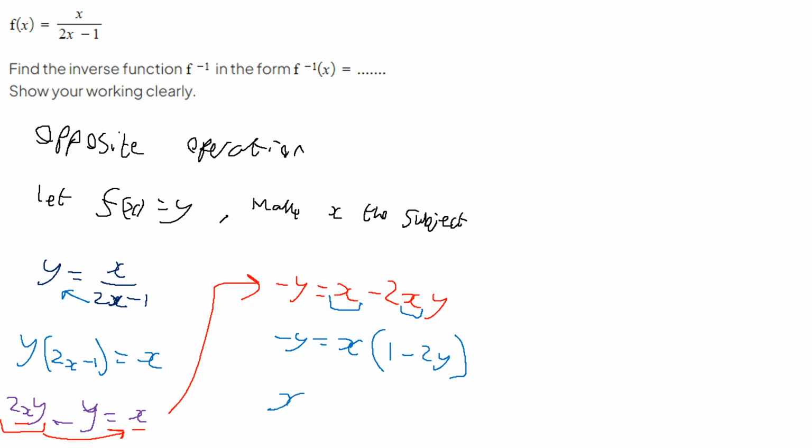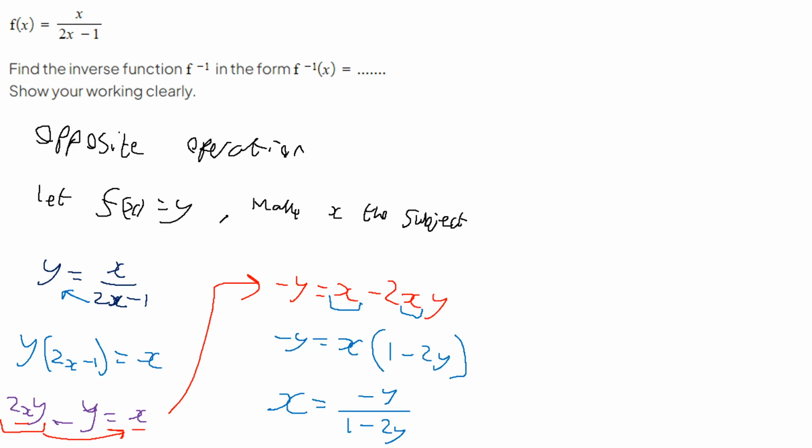And so therefore x is equal to, hold on, we're left with minus y all over 1 minus 2y.